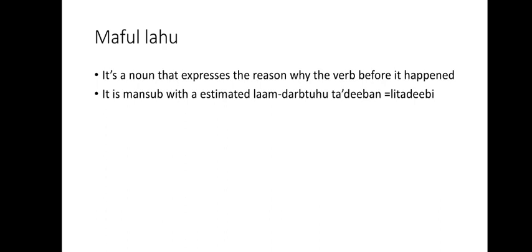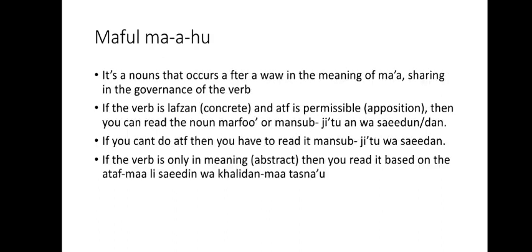So darabtuhu ta'diban means "I hit him for manners," li ta'dibi. You could assume there's a lam harf jar there. When there is maf'ul lahu, you can estimate that there's a lam there, a lam which is used for explanation. That was another short one.